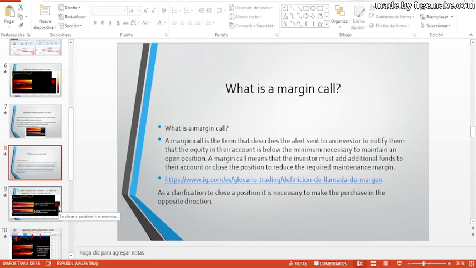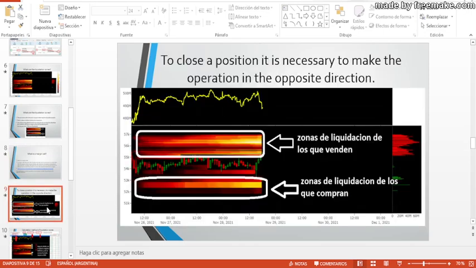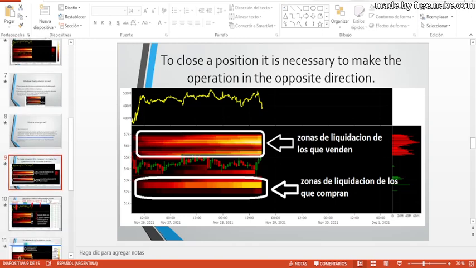So BitMEX, when this happens, does not use limit orders. BitMEX uses market orders. The documentation of BitMEX says that they try to use limit orders, but tend to use market orders.